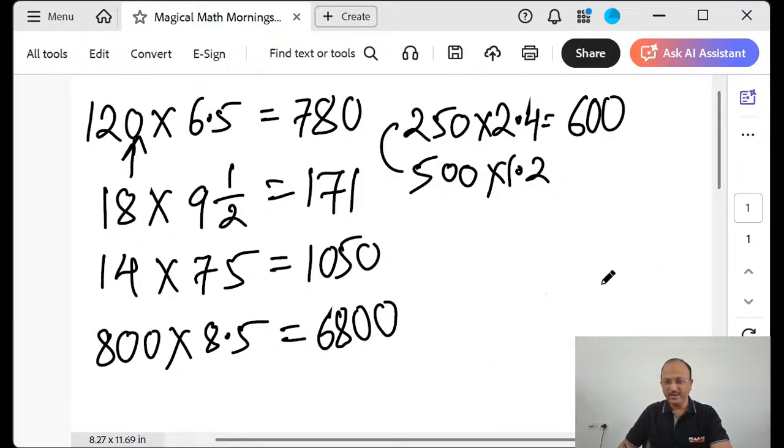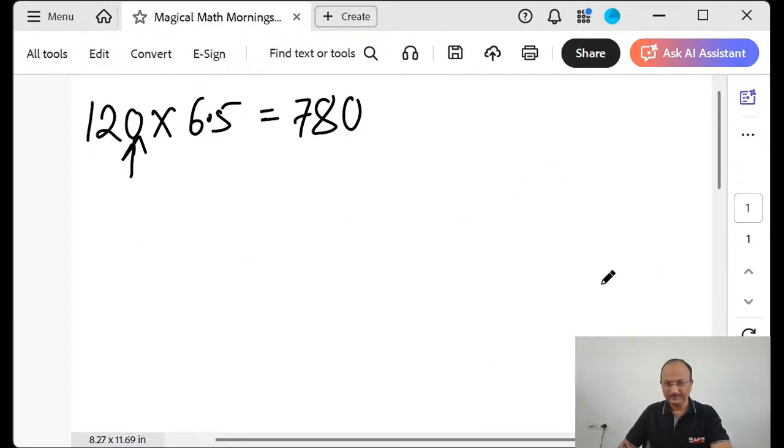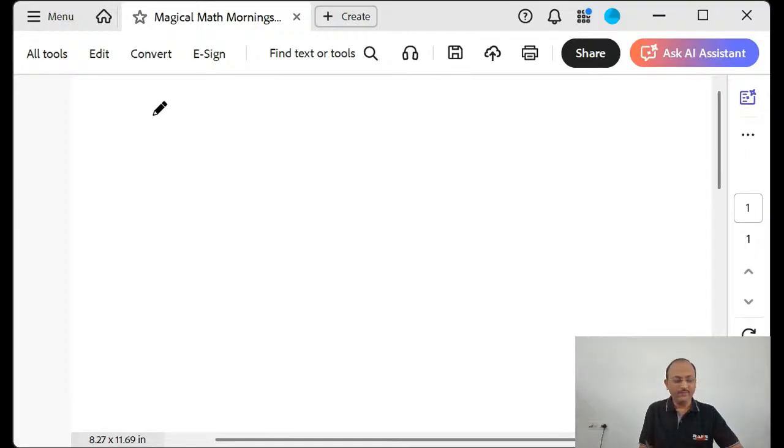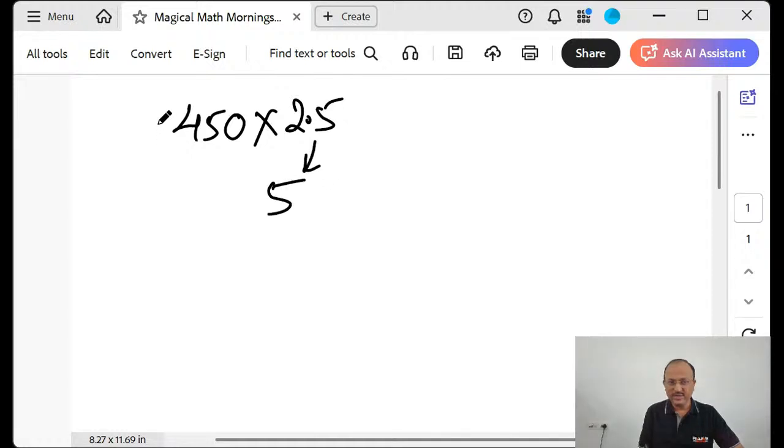Let me quickly rewind what we have learned. Whenever we are multiplying any number, for example, we want to multiply 450 into 2.5. What we do? We just double this. It will become 5. We just half this. It is 225. And multiplying with 5, we know this. Correct?